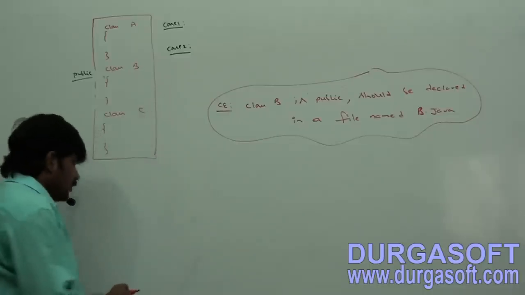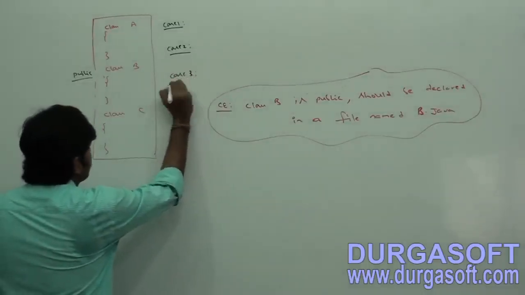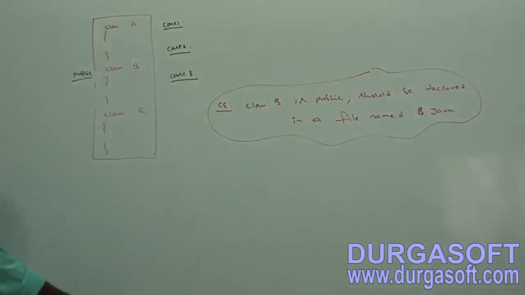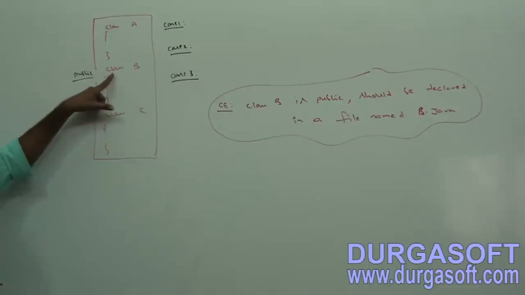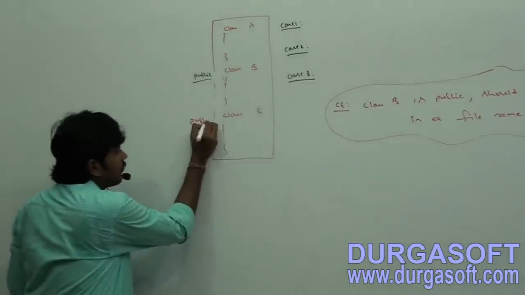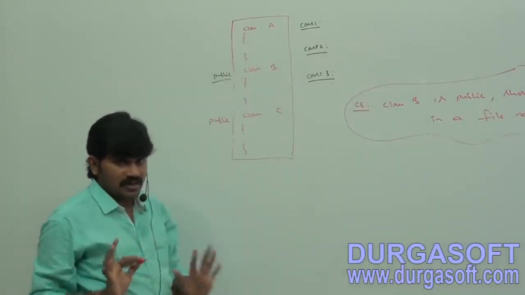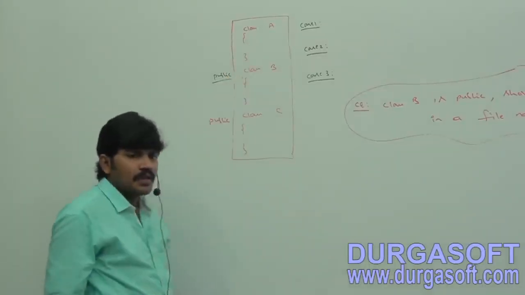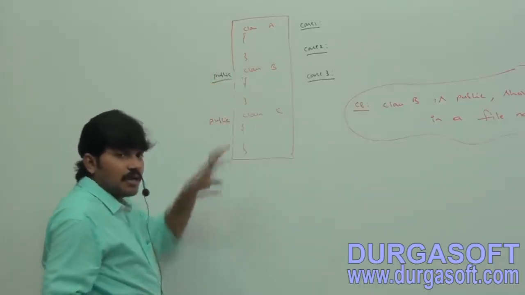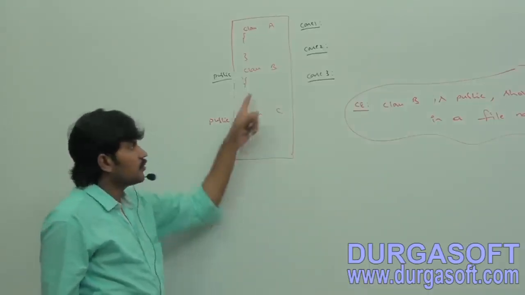Next, case 3. Now observe. Class B is public, class C is public. I am taking both classes as public and the name of the program is B.java. Is it valid or invalid? Invalid, because we can't declare more than one public class.